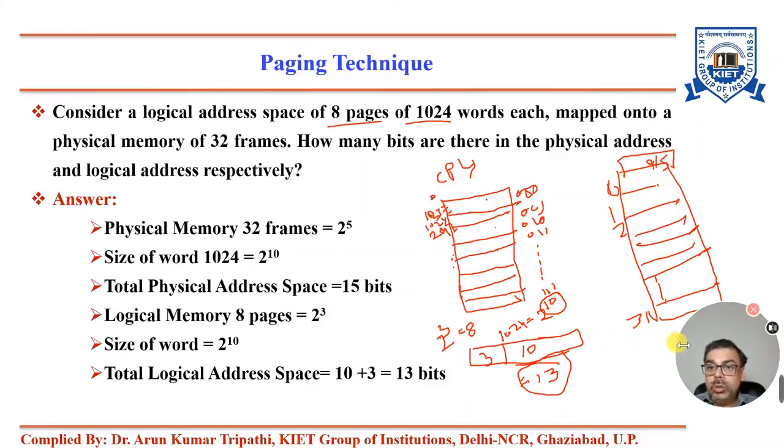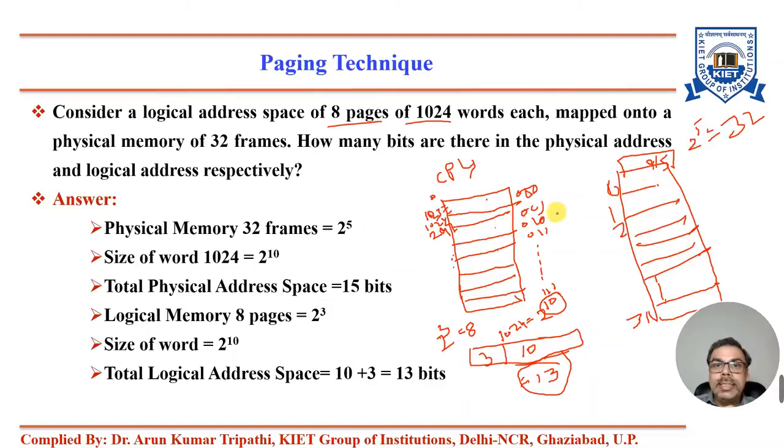Now, what about the physical memory? There are 32 frames. To represent the 32 frames, we require 5 bits because 2 to the power 5 is equal to 32. Plus, as I have already told you, the frame size is equal to the page size, or vice versa, the page size is equal to the frame size.